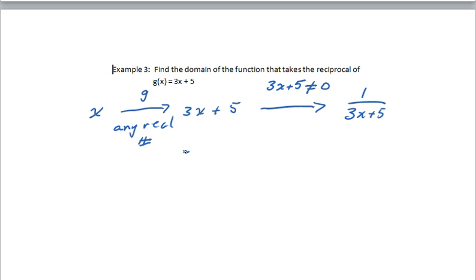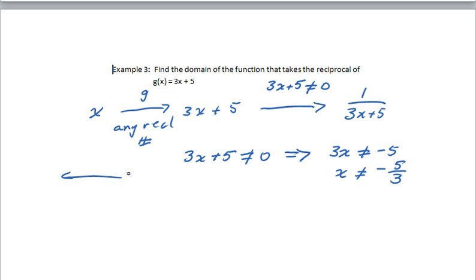And so 3x plus 5 not equal to 0 implies that 3x cannot equal negative 5 and x cannot equal negative 5/3. So our domain would have a hole at negative 5/3.